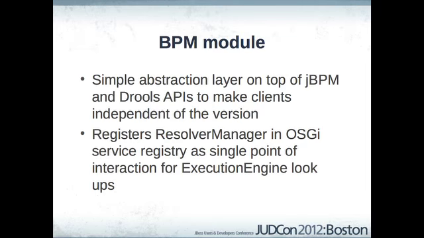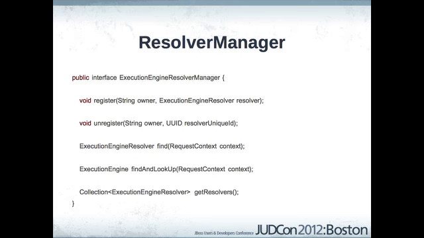This simple platform API will deliver a very simplified interface to interact with it. For example, the execution engine resolver is the first interface that is registered when the platform starts. This is a very simple interface, just saying that you can register resolvers, saying who is the owner and what the resolver is. As simple as that.